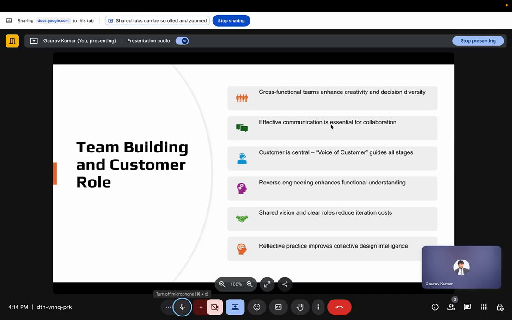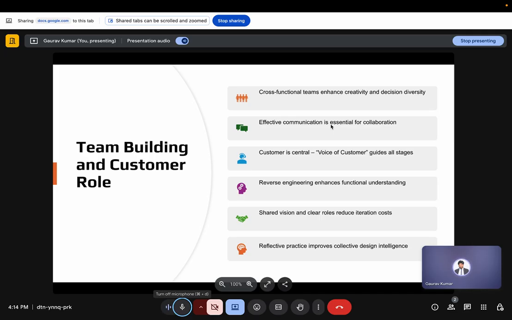Next is reverse engineering and trade-down. Build functional literacy by analyzing the existing architecture and failure modes. Teams inherit the proven patterns while spotting opportunities to differentiate.